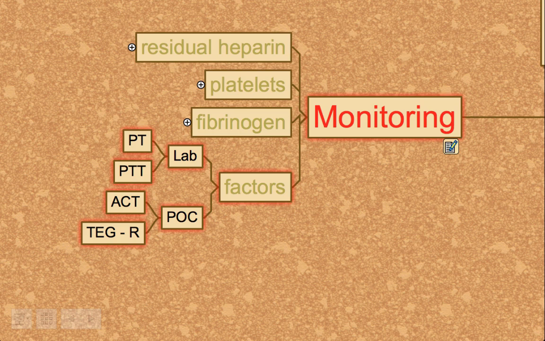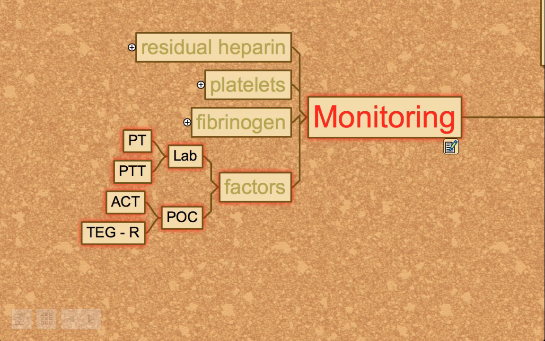As we saw in the illustration we drew earlier, the PT and the PTT tests monitor the function of the extrinsic and intrinsic clotting cascades respectively. In fact, the very concept of the extrinsic and intrinsic cascade is based on these tests.